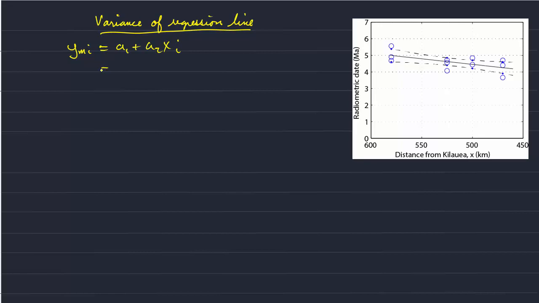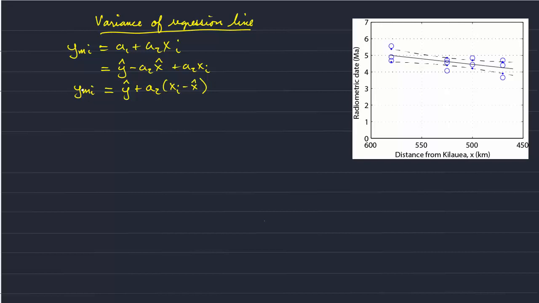And we know our solution for A1 is the mean value of y minus A2 times the mean value of x. And so y mi can be expressed as the mean value of y plus the slope times xi minus its mean value.